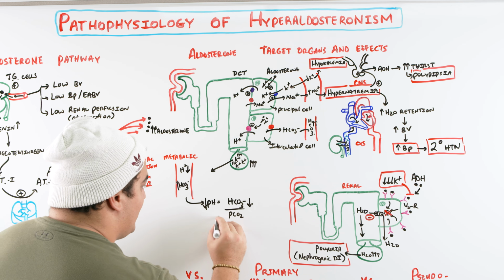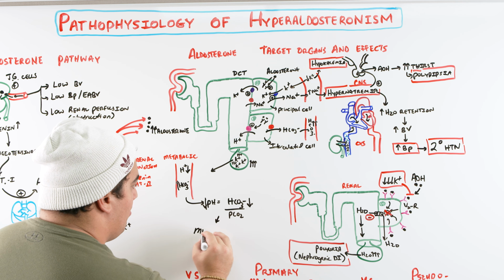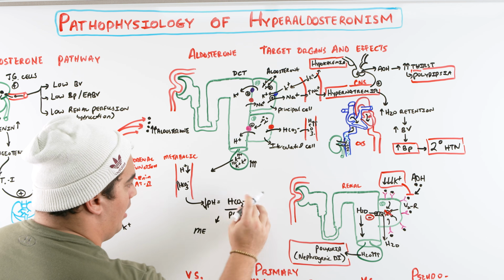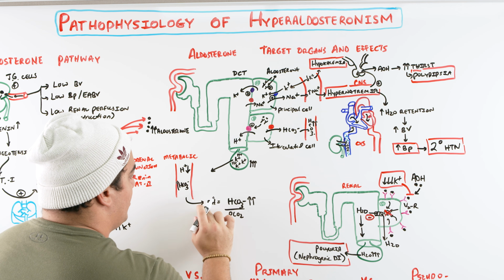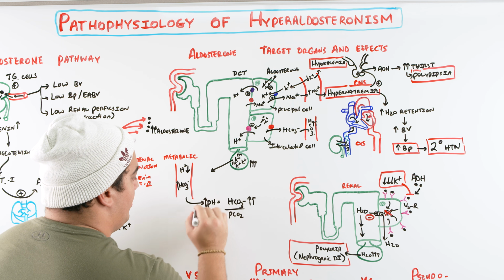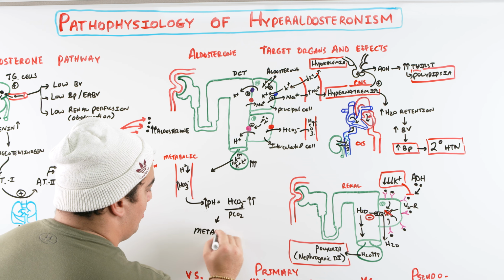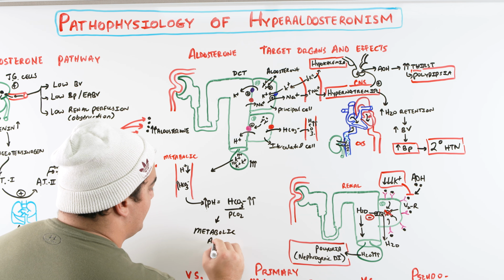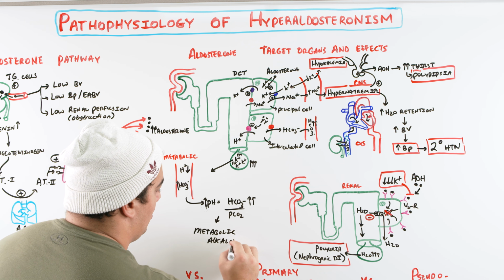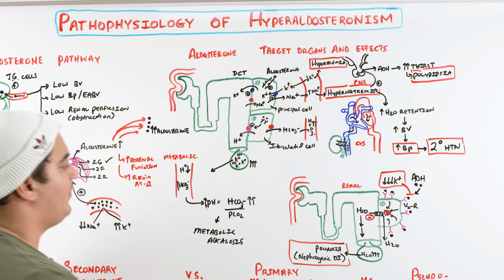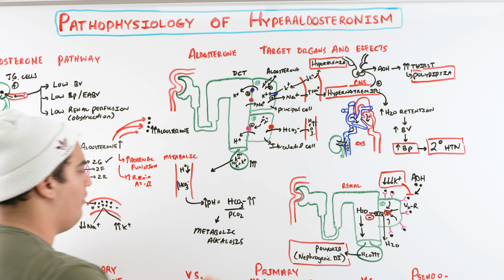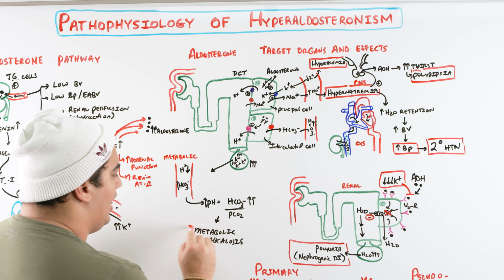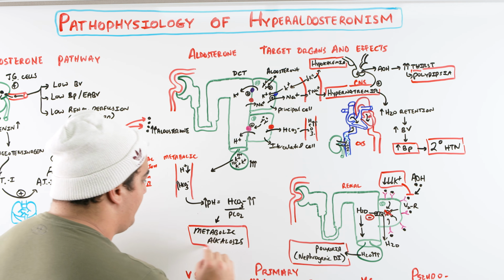And in this particular situation, we call this metabolic. In this situation, we're increasing bicarb. So you would also increase pH. So this is called a metabolic alkalosis.